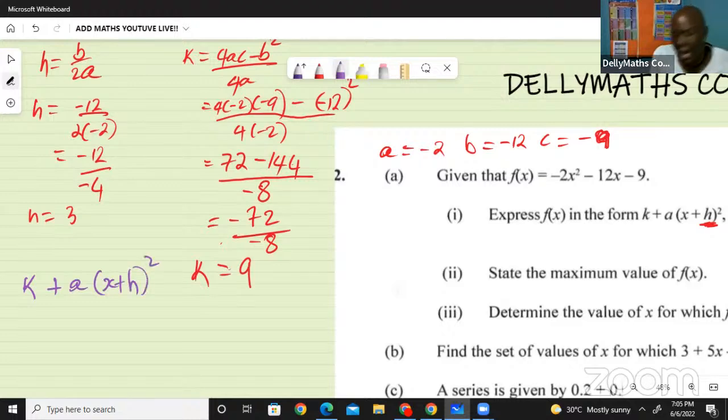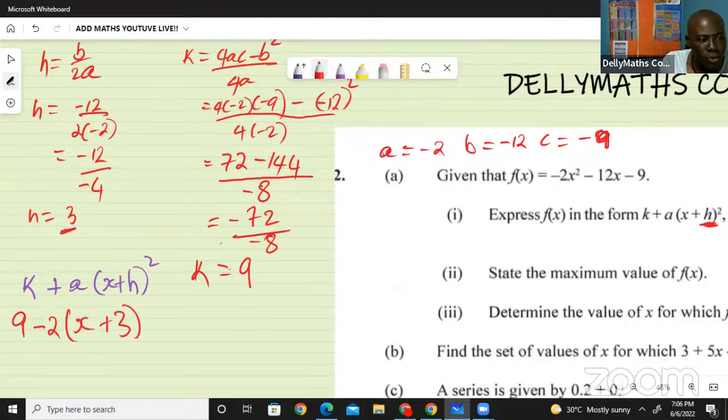My K value is 9, so I'm going to put 9 there. The A value is negative 2, so I'm going to put minus 2 there. Open bracket X, H is positive 3, squared, and we're done.